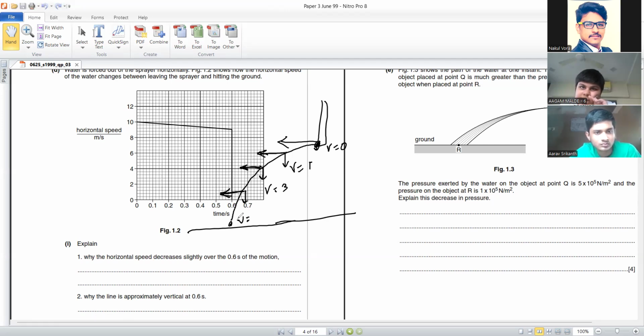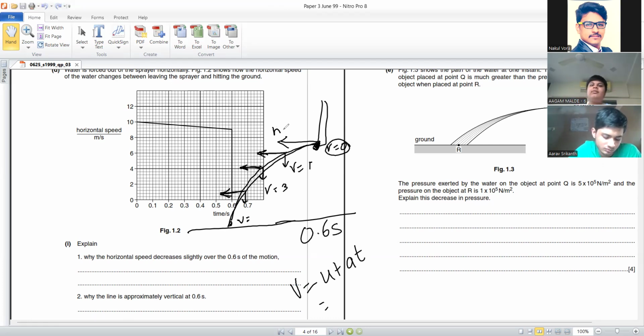Because we know the time taken to come from this point to this point is 0.6 seconds, I can calculate V is equal to U plus AT. What is U initially? Initially in the vertical direction, velocity was 0. In the horizontal direction, the speed was 10. These are two separate concepts. Horizontal is different, vertical is different. Got it?